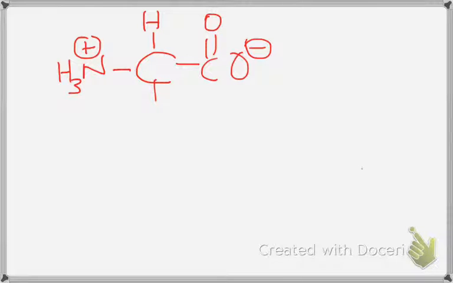So it has the longest chain of just carbons in a row. So it has 1, 2, 3, 4, and the 5th position is an amino group. And I'm showing it charged because under neutral pH, that terminal nitrogen would be positively charged. And that's lysine.